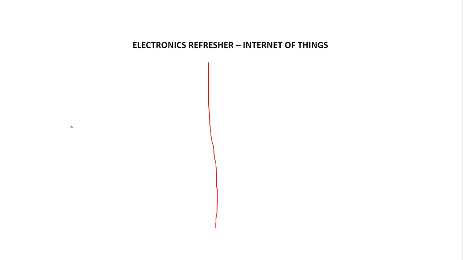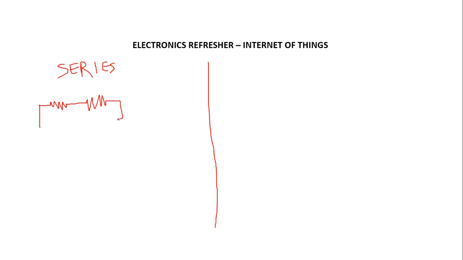Well, first we are going to start with the series circuit. A series circuit is going to be like this circuit. Here we have one resistor.